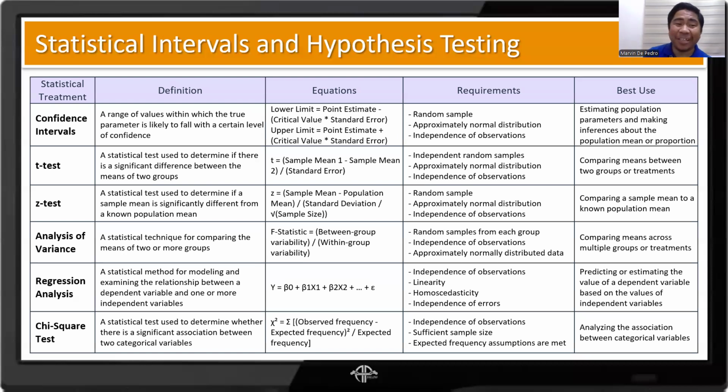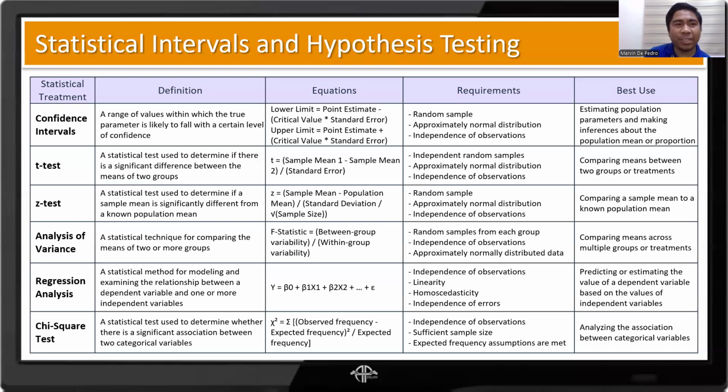Okay, so that's an example where we can use chi-square. We can ask the favorite color of respondents from the two genders, or two or more genders. Okay, so we can compare them and see if there's a significant difference or not.